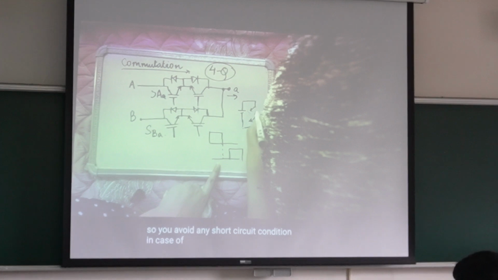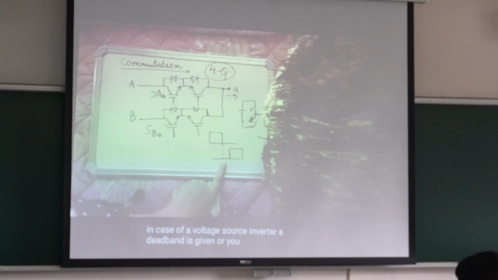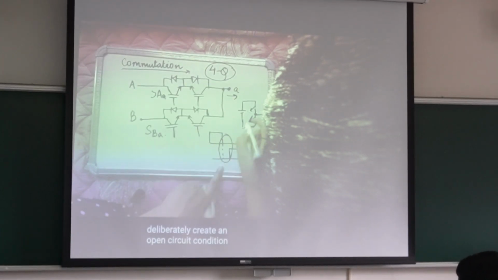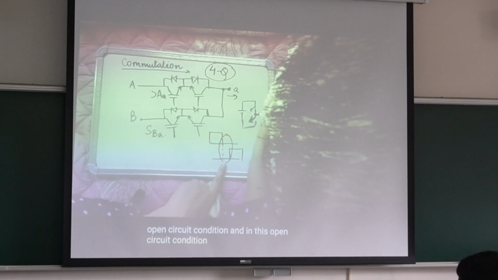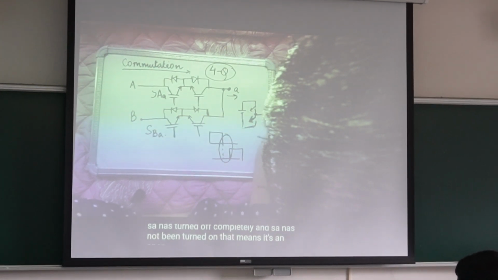In case of a voltage source inverter, a dead band is given, or you can say you deliberately create an open circuit condition. And in this open circuit condition, it is also possible that during some time, SA has turned off completely and SA has not been turned on. That means it's an open circuit condition.